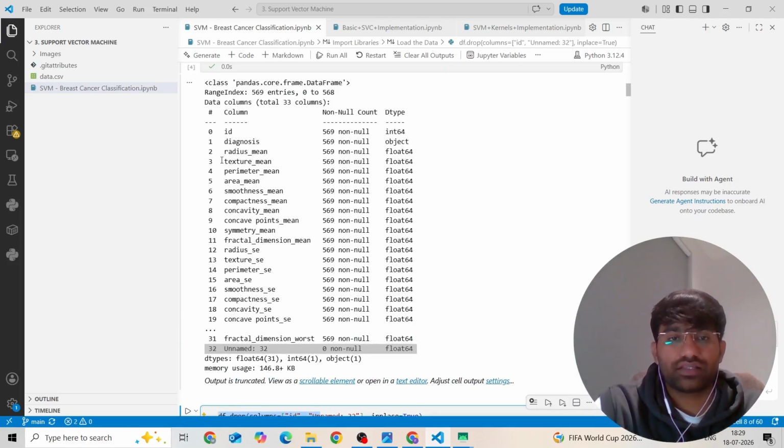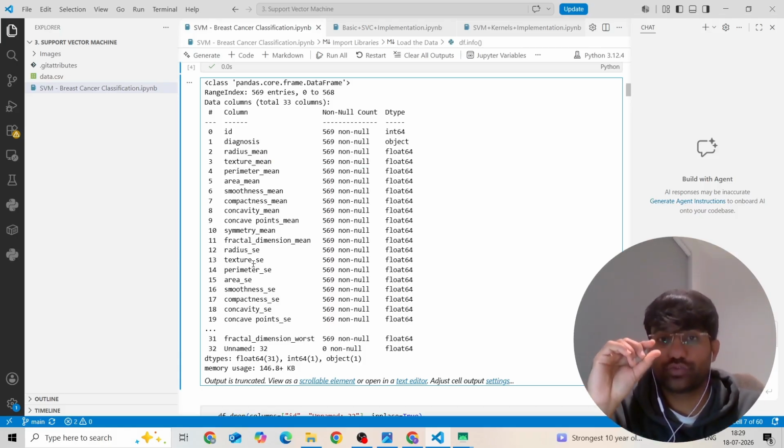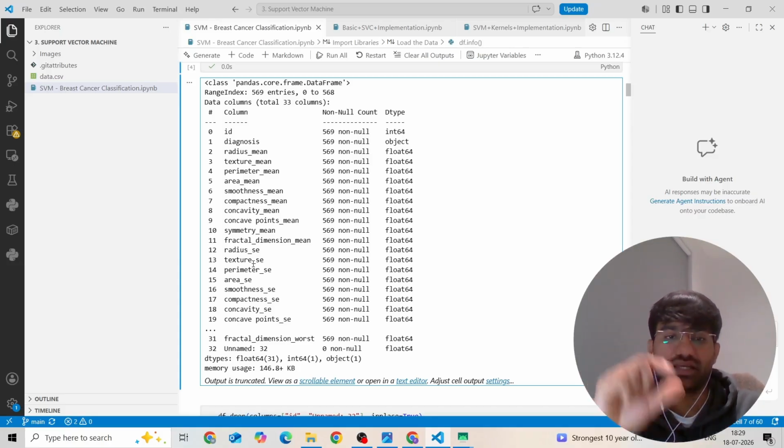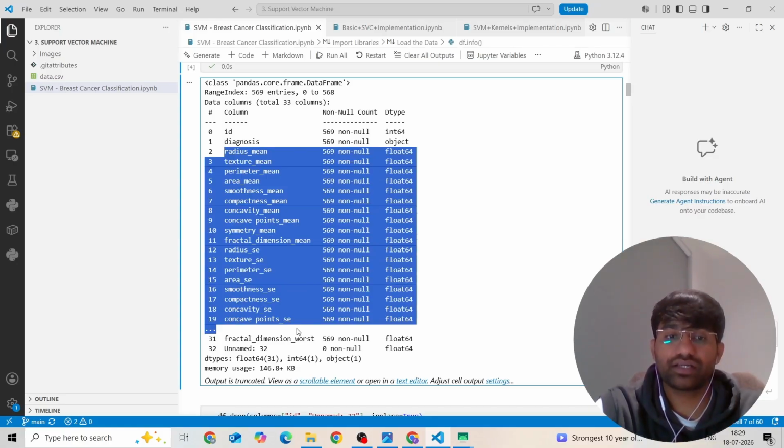And what are the other columns? Radius mean, texture mean, perimeter mean. What are these values? For breast cancer, how the medical test works is they take a tissue from the breast, and that tissue contains many cells. For each cell nucleus, they are measuring this using the medical test.